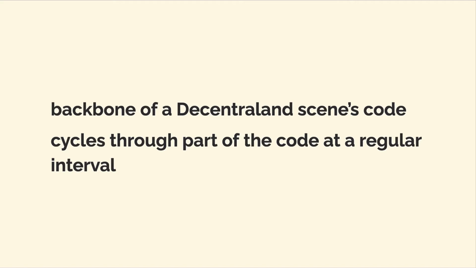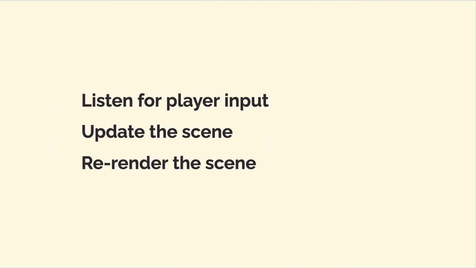The game loop will cycle through part of the code at a regular interval, such as every frame. The game loop will listen for player input, update the scene, and re-render the scene when there needs to be a change. And that is an introduction to Decentraland's scene and the game loop.